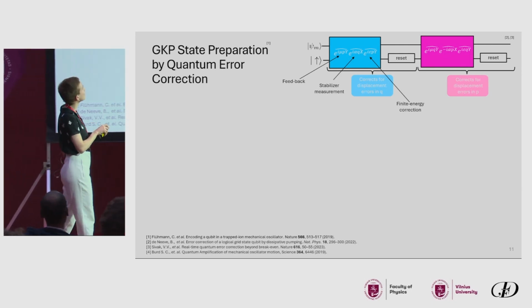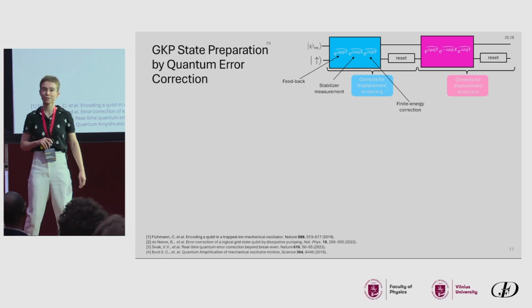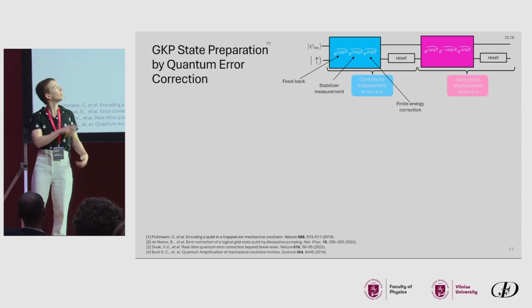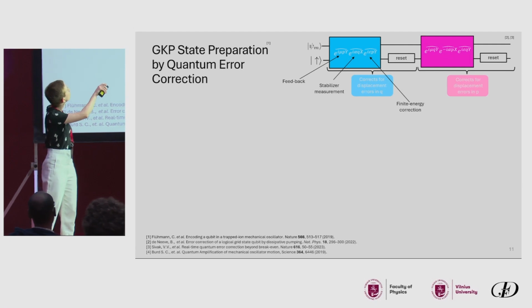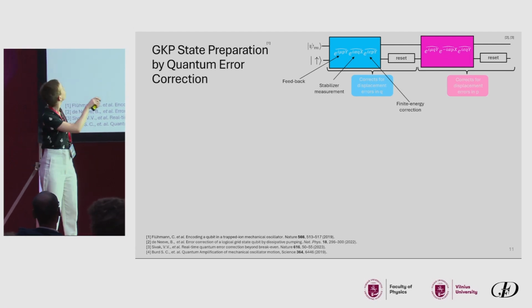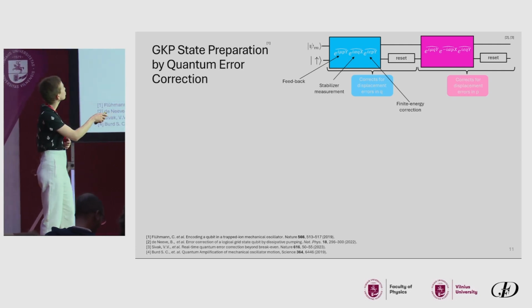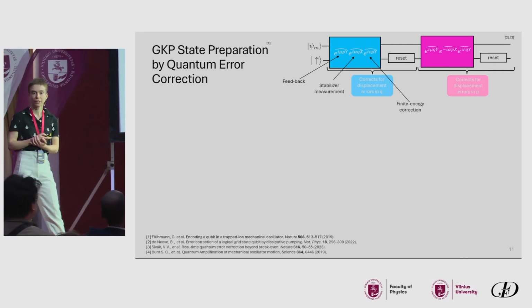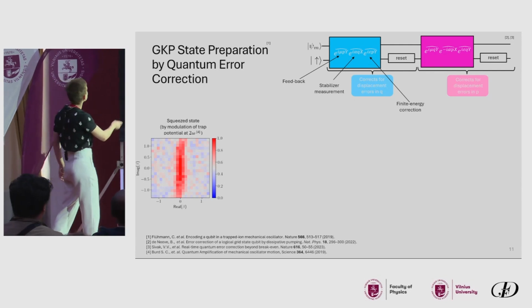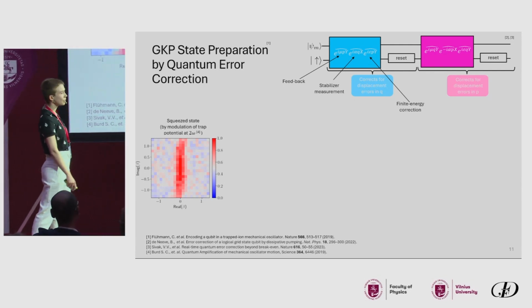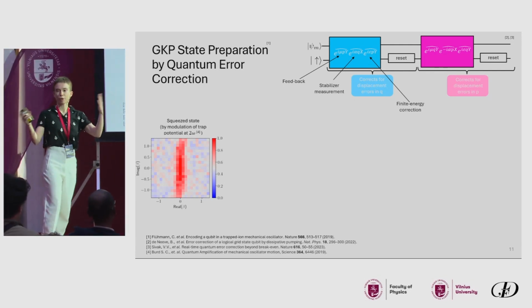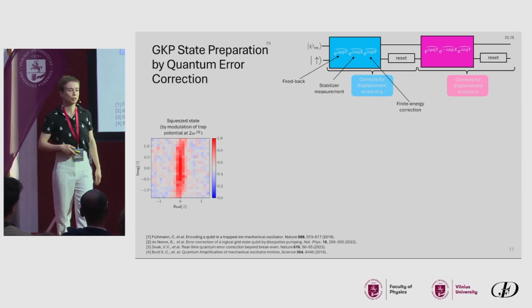We can basically correct for displacement errors along position and momentum, and transfer those errors from the motion of the ion to the spin, and then reset the spin. And we use this protocol in order to prepare GKP states. So the way we do that is that we prepare a squeezed state by modulating the trap potential at twice the motional frequency.